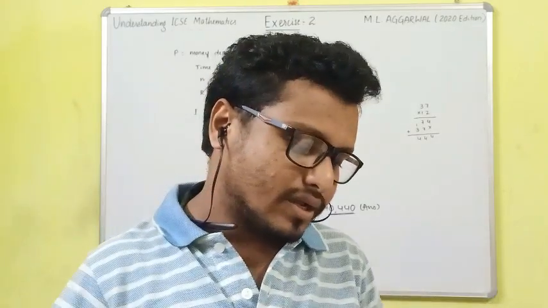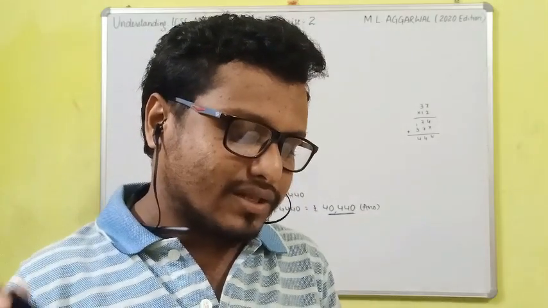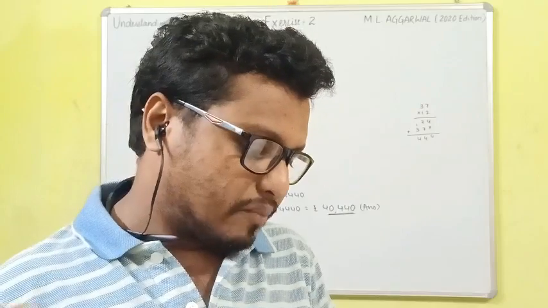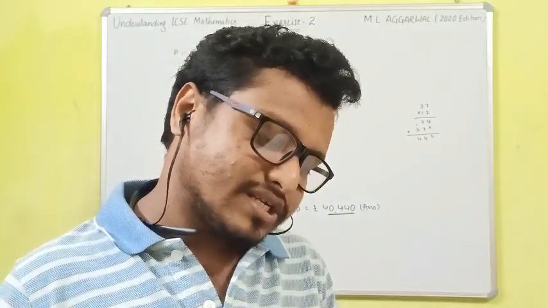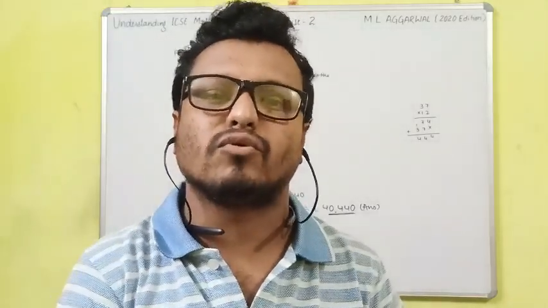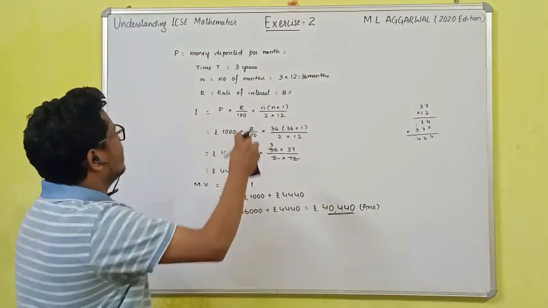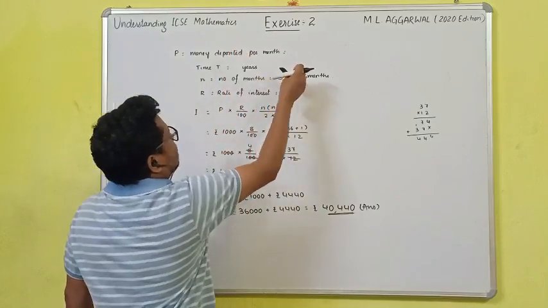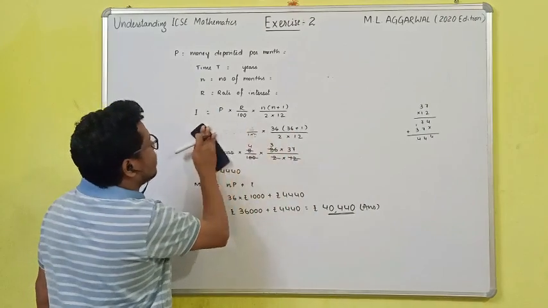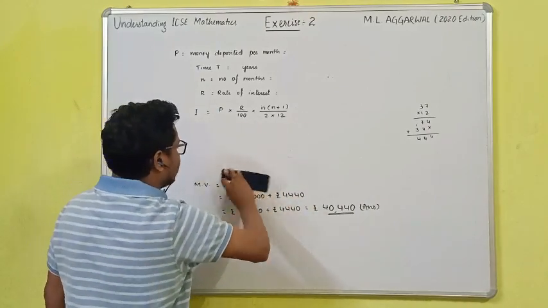Sonia had a recurring deposit account in a bank and deposited 600 per month for 2.5 years. If the rate of interest is 10%, find the maturity value of this account. Means same type of question. So some portion here I will not drop. These things will be common, and this formula will also be common. So I will not drop this one, but up to this I will drop.